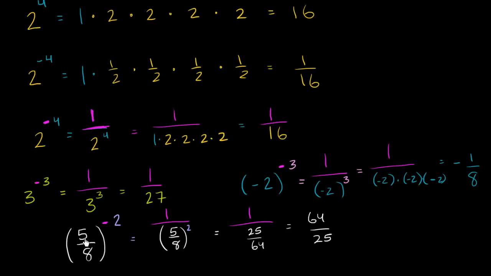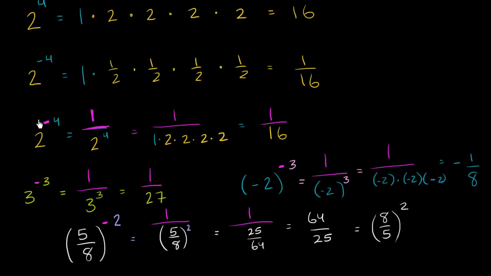So another way to think about it is, you're going to take the reciprocal of this and raise it to the positive exponent. Another way you could have thought about this is 5/8 to the negative 2 power. Let me just take the reciprocal of this, 8/5, and raise it to the positive 2 power. So all of these statements are equivalent.